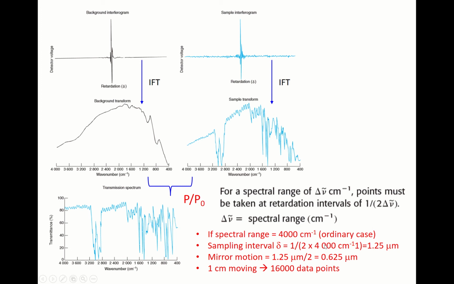Wow, this is a lot, from here to there. With 16,000 data points, we have a very big problem: how do we perform this inverse Fourier transformation to get the spectrum from this interferogram?